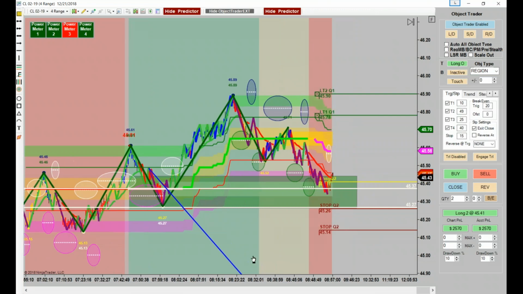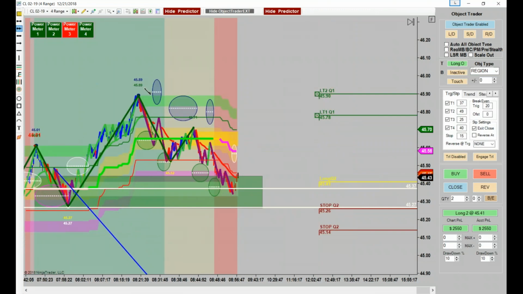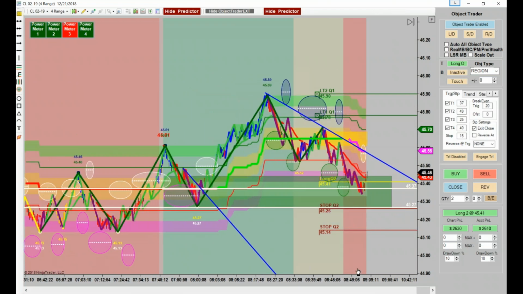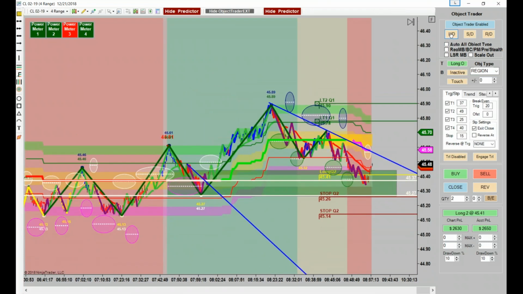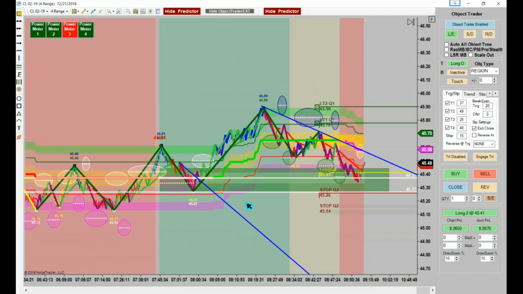Now, what if you got in this, but you also see this trend line right here? Could you add if it breaks that? And you could. Now, notice that I actually went long on this trade. And by the way, we called this trade in the room, but we called it right here.